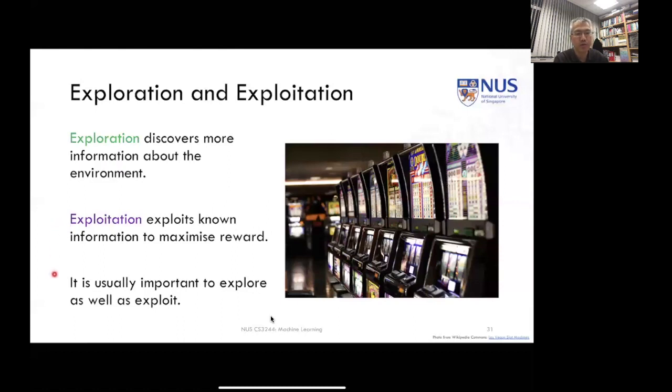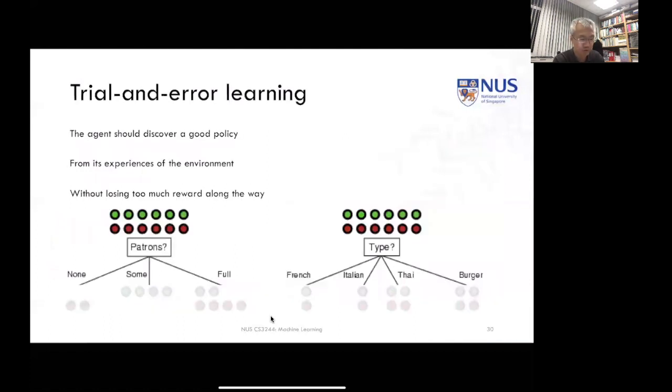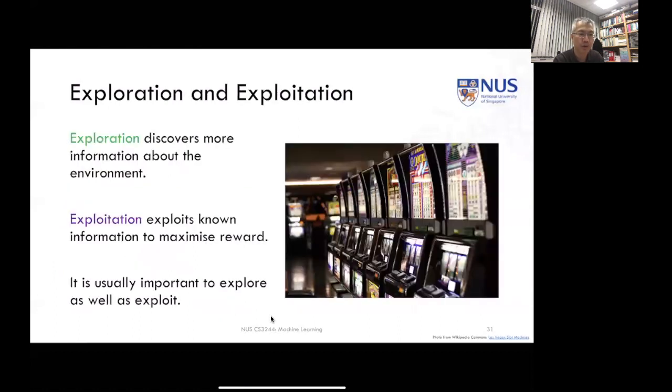So it's usually quite important to explore and exploit, and have these two cycles used interchangeably at different times in our time steps. But as we said on the last slide, it's important to do this without losing too much reward along the way. Because if we lose too much reward, then we've obviously done something wrong. We could have had a more optimal method for exploring the state space.